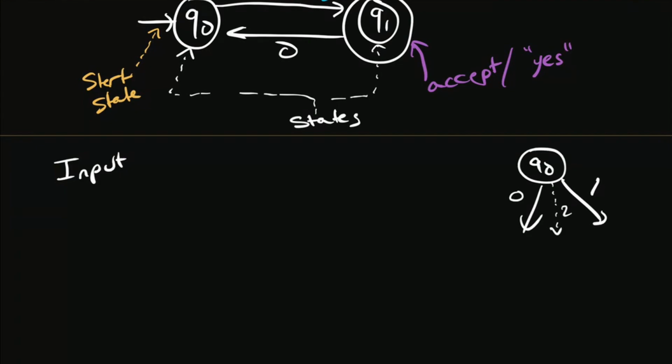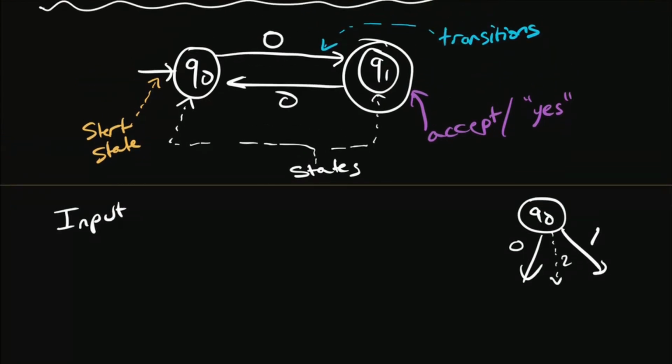Okay, so let's look at a particular input. Can someone give me a valid input for this machine? 1010, is that a valid input for this machine? No, what is a valid input for this machine? 0. 0, 0. I'm actually going to put another one. It fits with my notes. Okay.